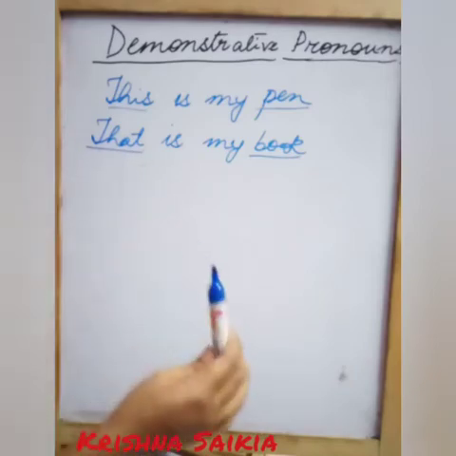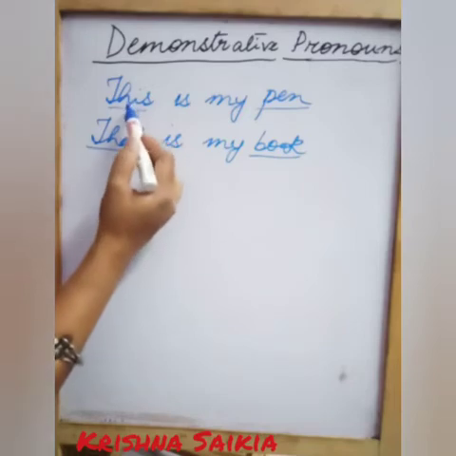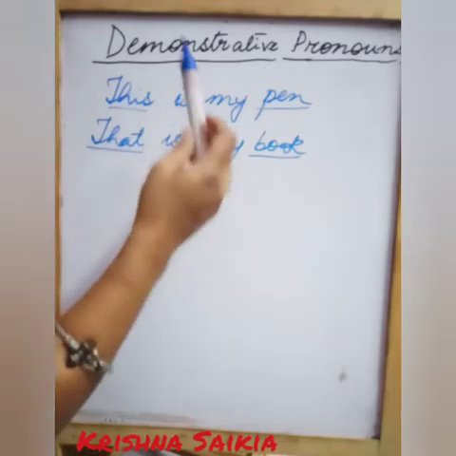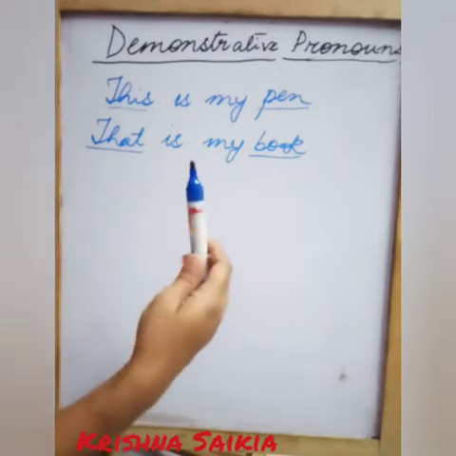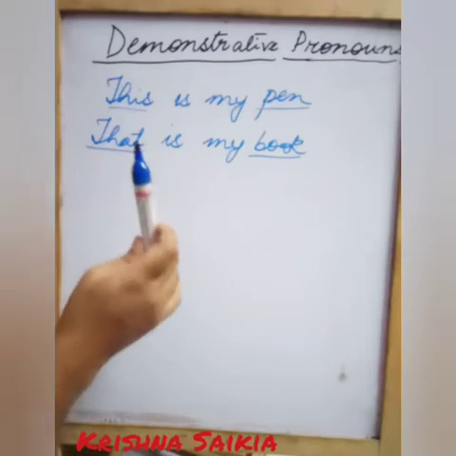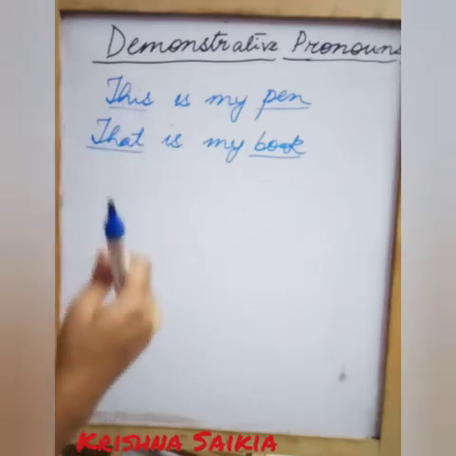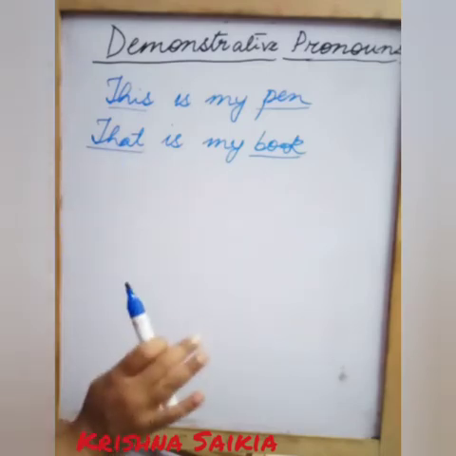Alright. So when I use the words this and that, this means something which is singular as well as near me, an object maybe, isn't it? And that means an object which is singular but which is not near me or not in my hand, or maybe which is a little further away from me, but it is visible to me. Fine.